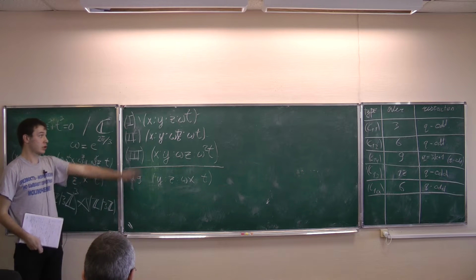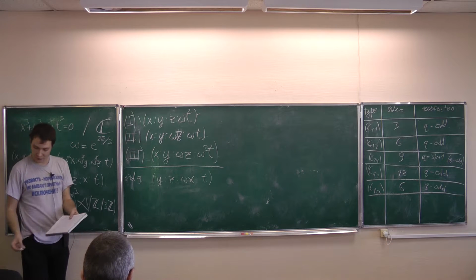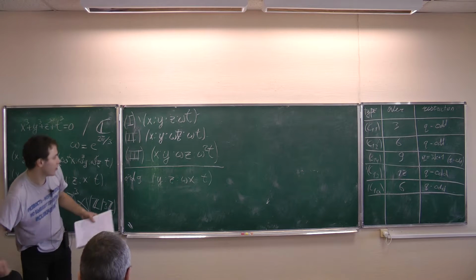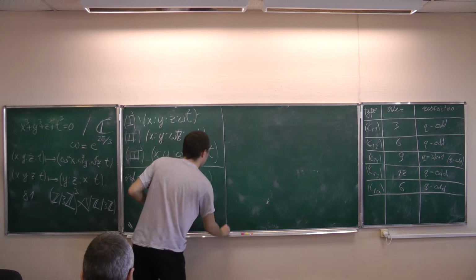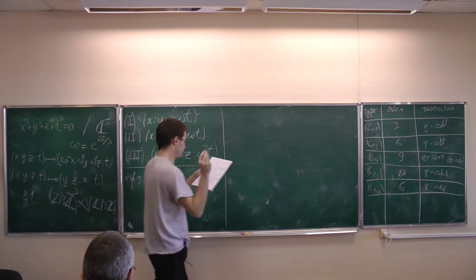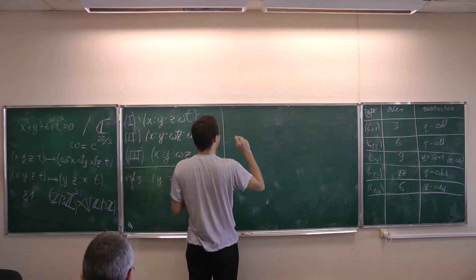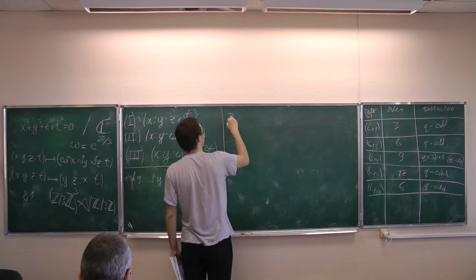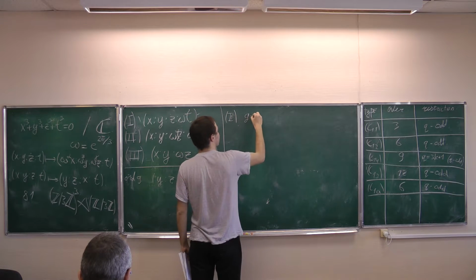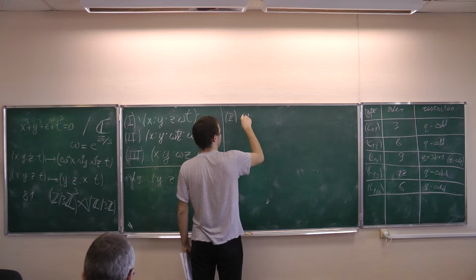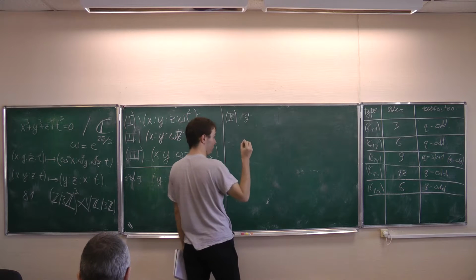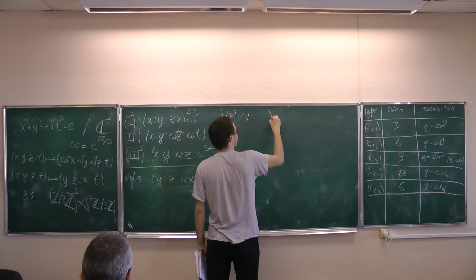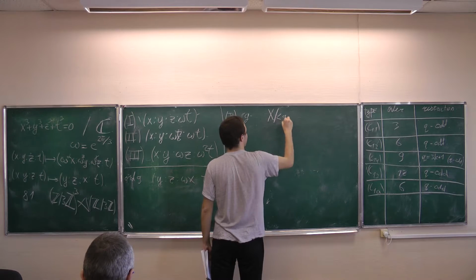Well, let's look at this automorphism. What do we have? Consider the first one. The first automorphism, let g be the generator, and consider the quotient of the surface, X by g.